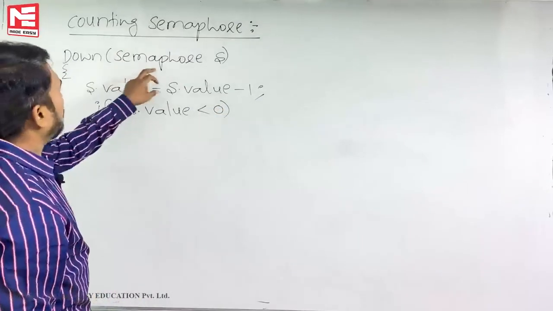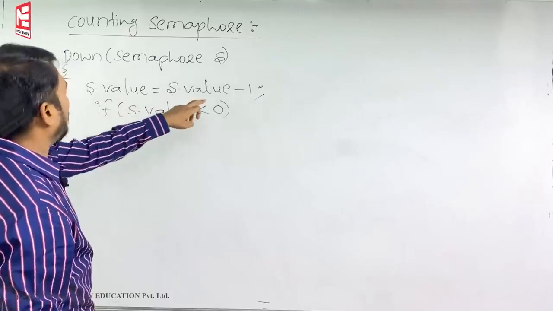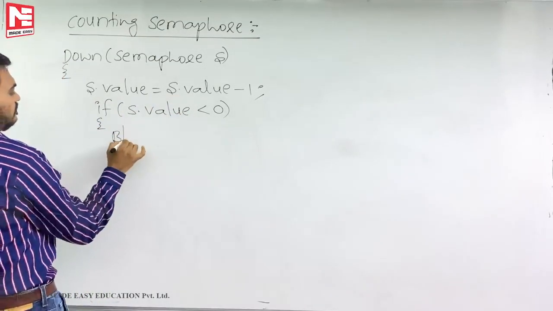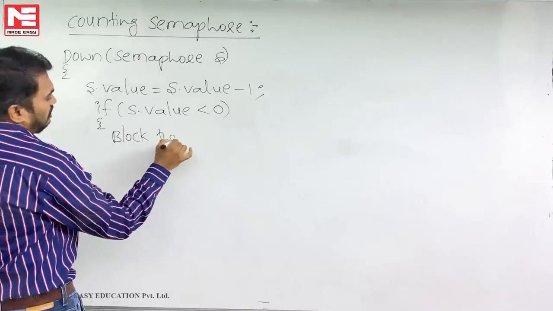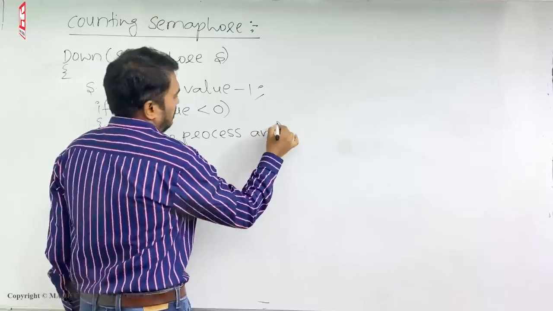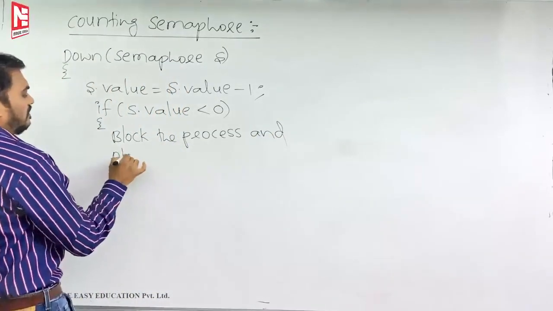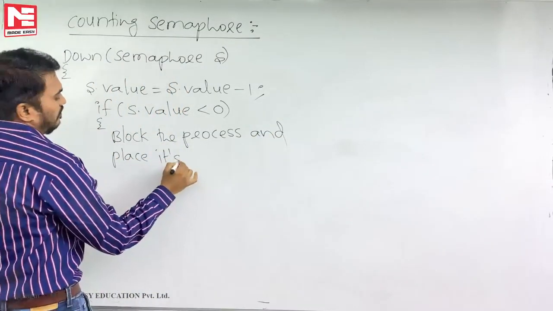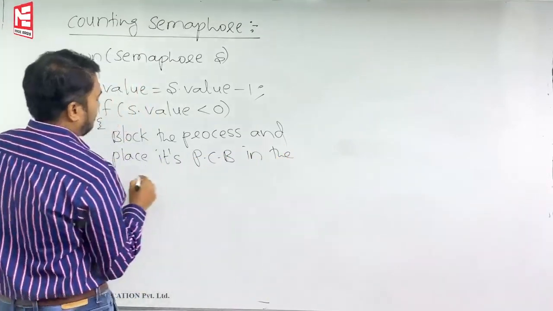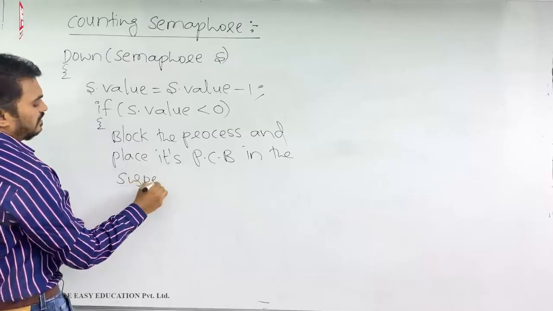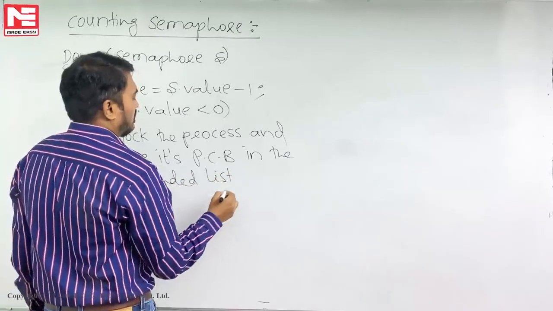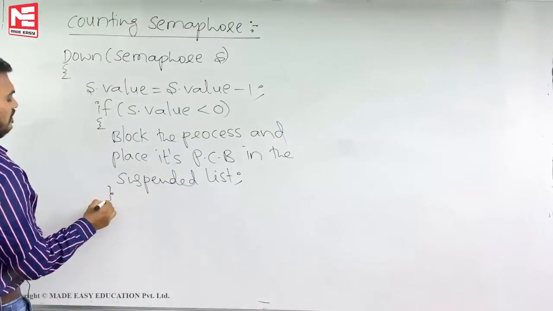Down(semaphore s): s.value = s.value - 1. If s.value is less than 0, then block the process and place its PCB in the suspended list. Place its PCB in the suspended list.